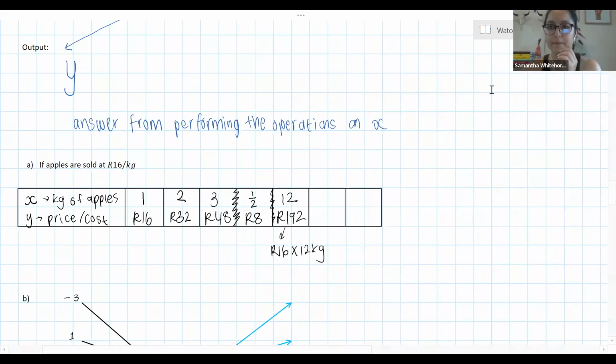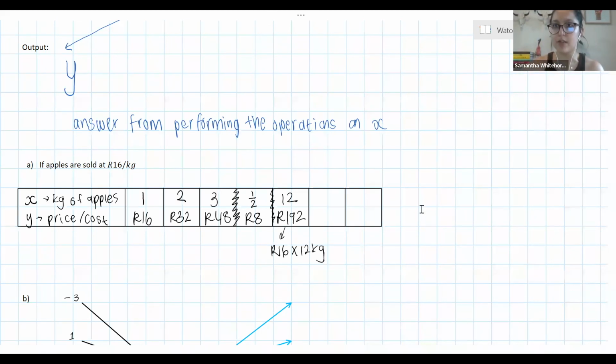Oh, no, okay. Right, so could someone give me a general equation or a general rule for how I could find the cost of apples regardless of how many kilograms I buy? So like, what is a general formula or a general rule to determine the cost of apples if it's 16 Rand per kilogram?